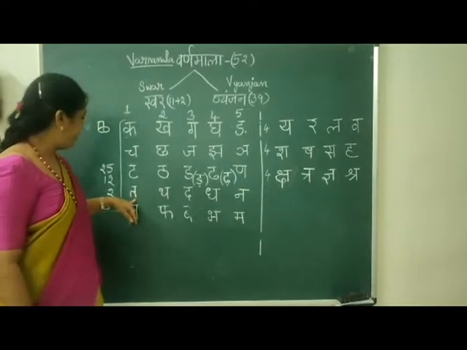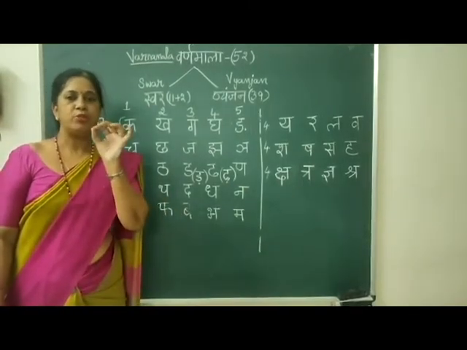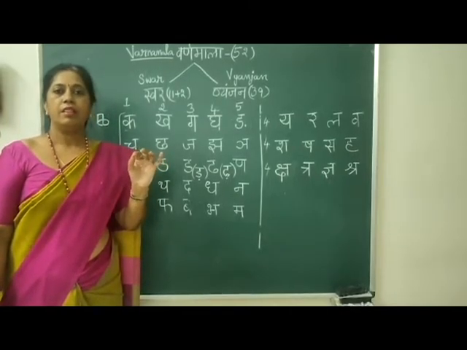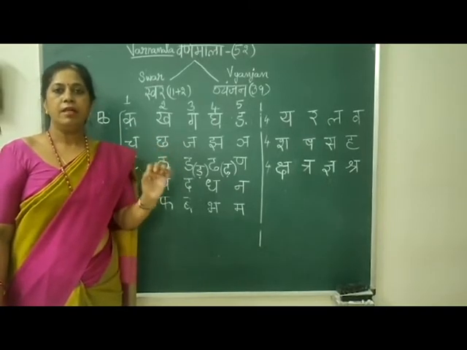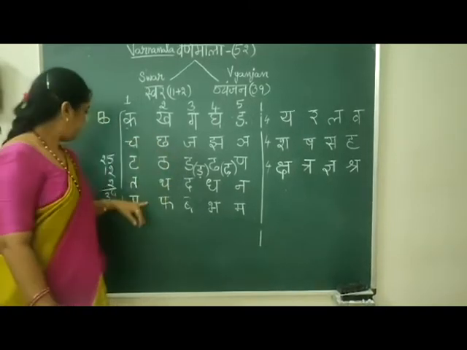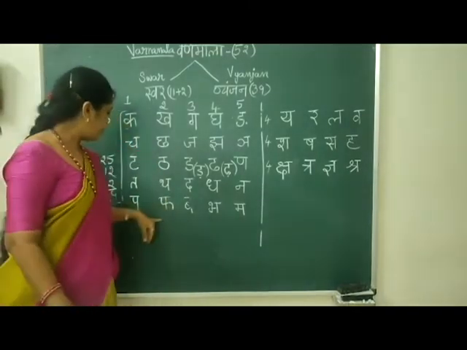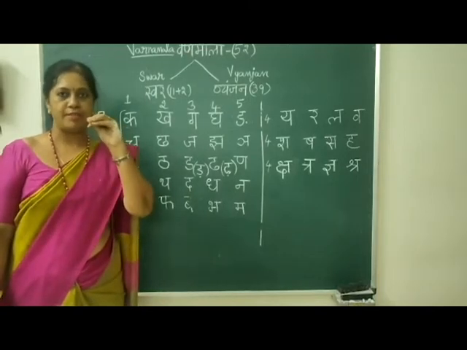The next one is ta. That means the tongue has to come between the teeth. Ta, tha, da, dha, na. The next one is where the placement is at the lips. You have to lock the lips.